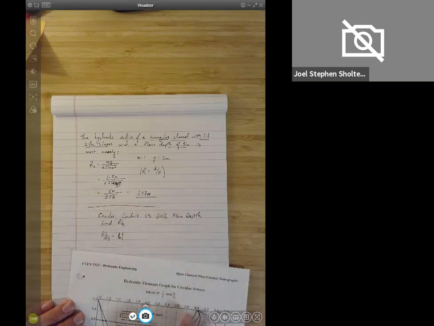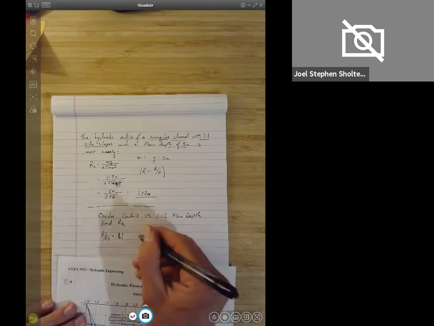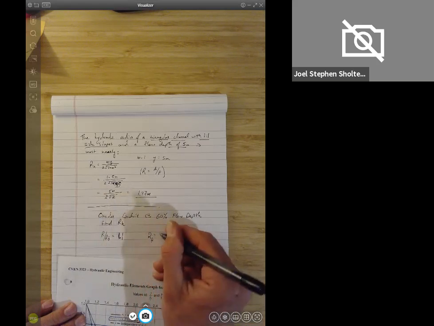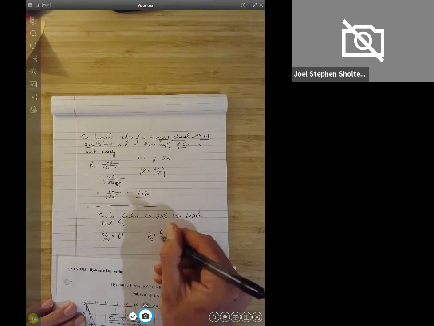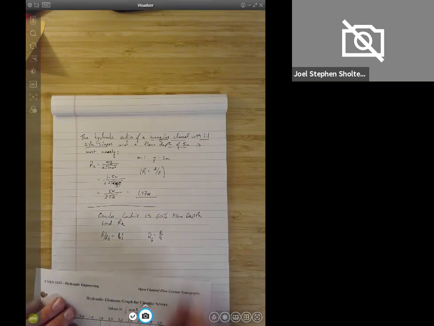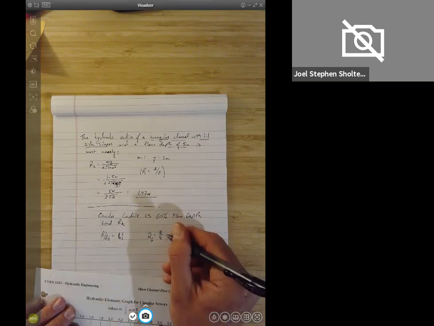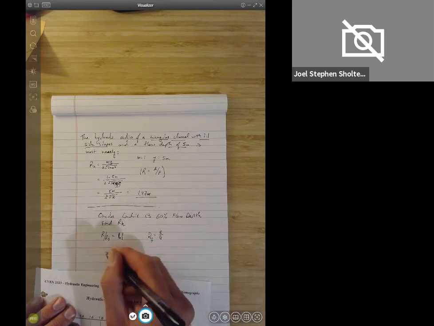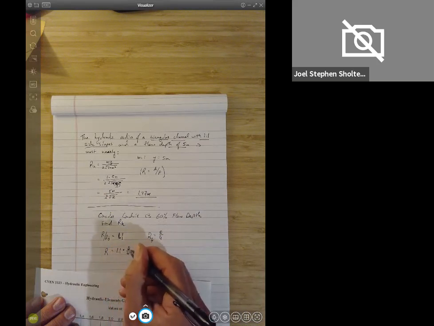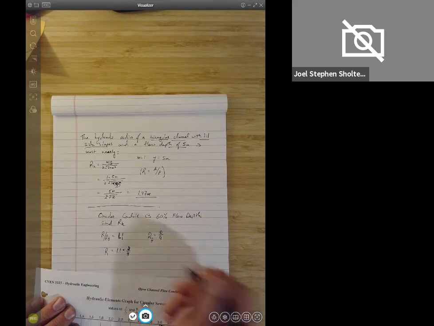For a circle, the hydraulic radius is going to be D over 4. You can prove that to yourself. So we would just do 1.1 times D over 4. And they would have to give us a diameter for this problem in order to calculate this.